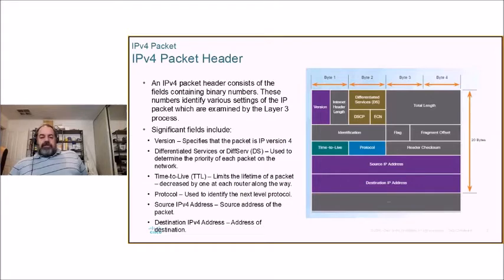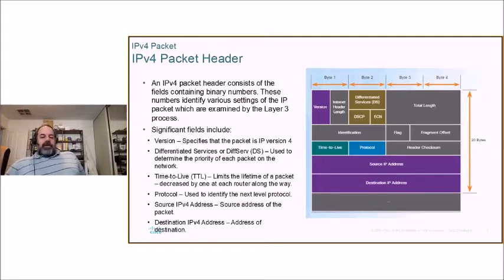Time to live is another interesting field, and so basically it's decreased by 1 every time it goes through a router. If it goes through too many routers, the theory is it may well have traveled through a loop, and so it will actually be discarded as being invalid.